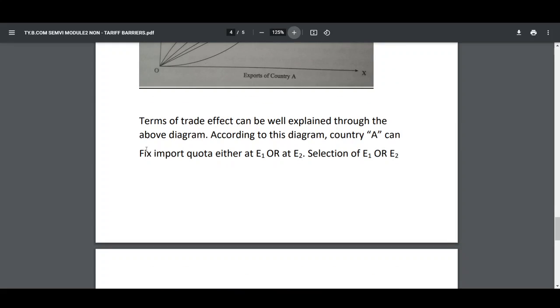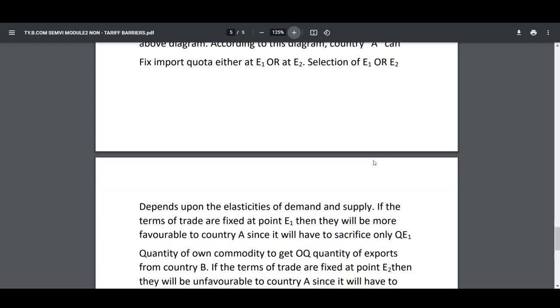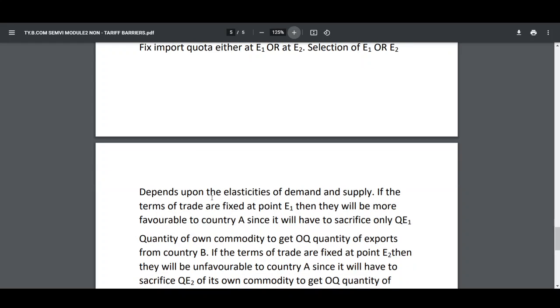Again, terms of trade effects can be well explained through the above diagram. According to this diagram, country A can fix import quota either at point E1 or at E2. Selection of E1 or E2 depends upon the elasticity of demand and supply.